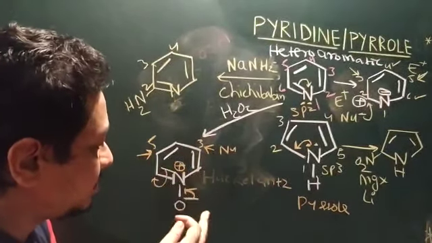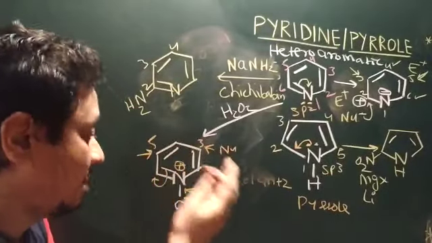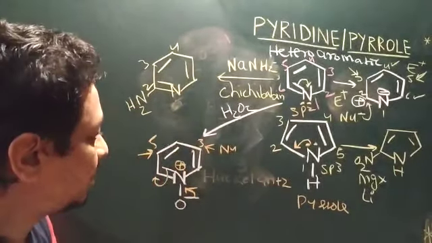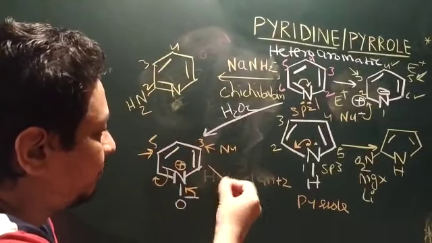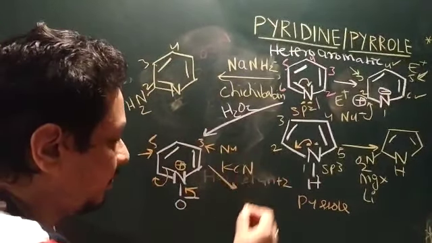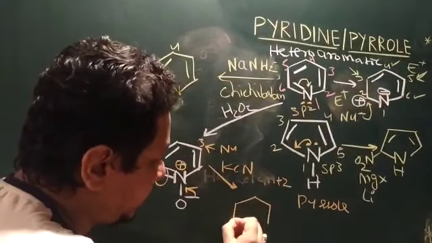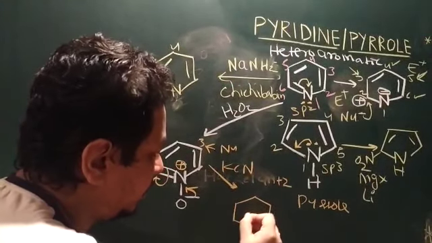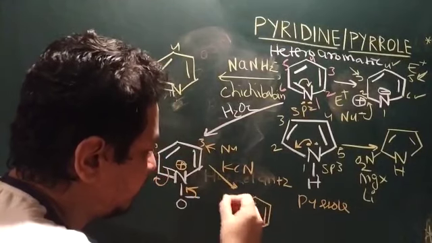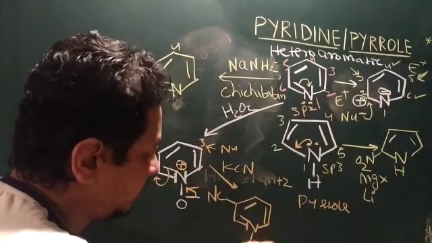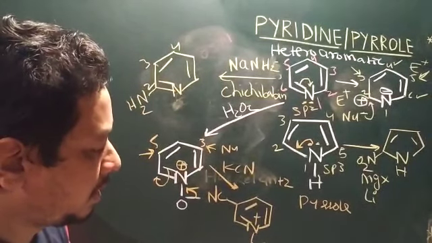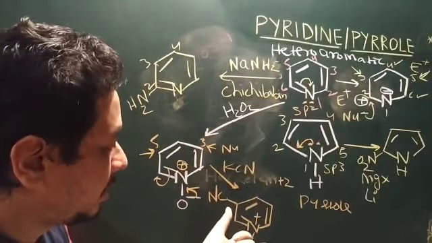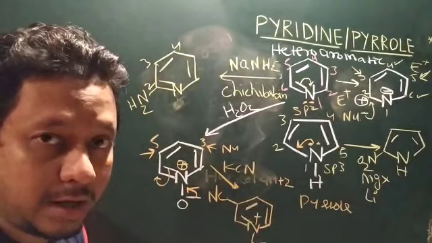Because of this resonating structure, the nucleophile is attached at the 3rd position. So if you add KCN over here, you can get pyridine N-oxide with a CN group at the 3rd position, and then if you remove the oxide group, you can get pyridine-3-nitrile.